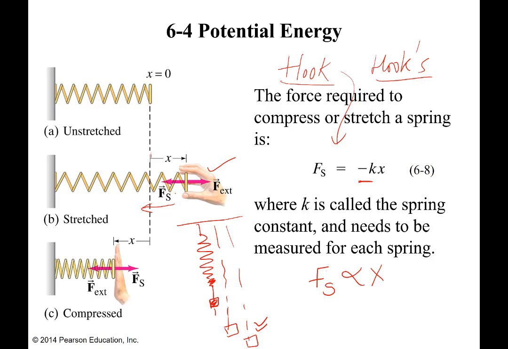So the spring force is opposite to the external force exerted. They act in opposite directions, and hence you have a minus sign here. The force is in this direction, the distance is getting stretched the other way, so the angle between the two is 180 degrees. Hence, it becomes minus kx.